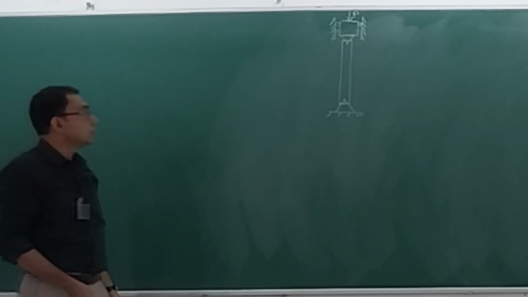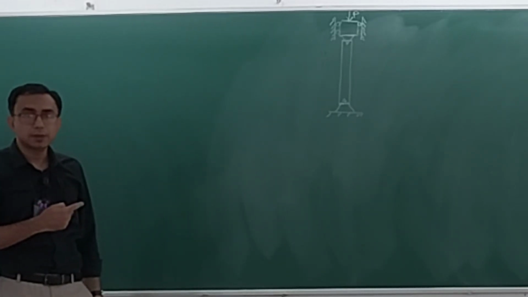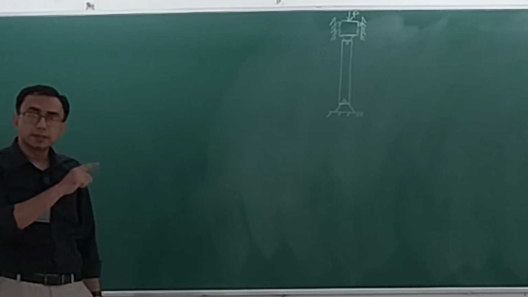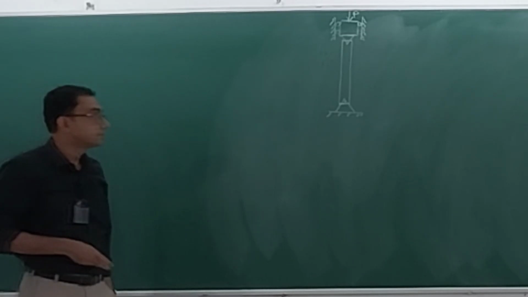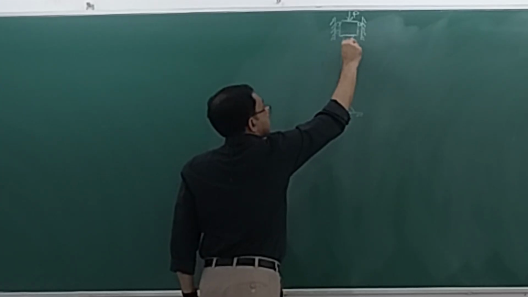So just like in the previous rigid body member example, where I considered the deflected shape, here also I will consider the deflected shape and investigate on that. So this is the thing that I will consider.